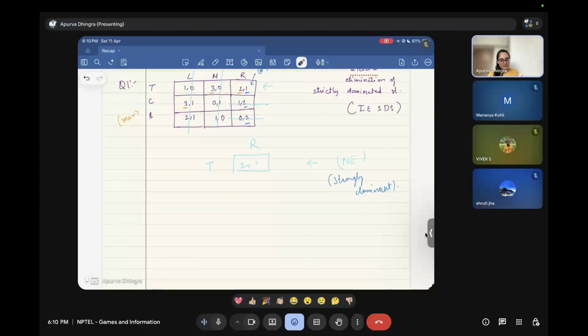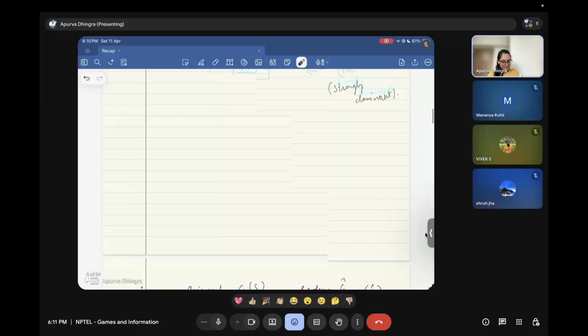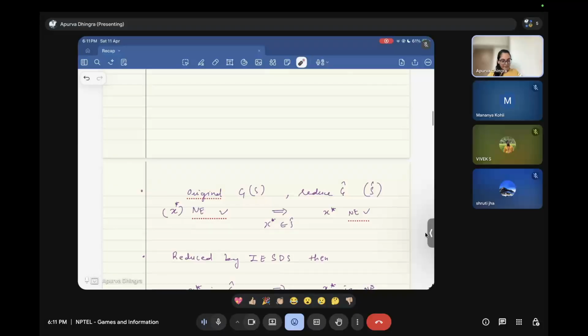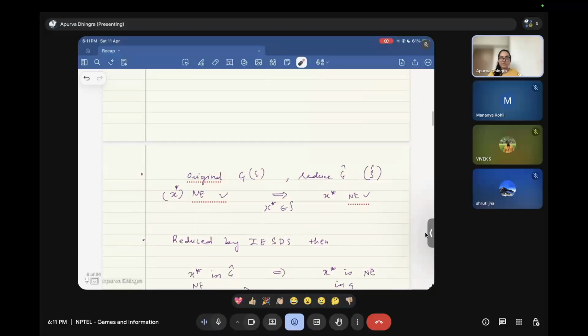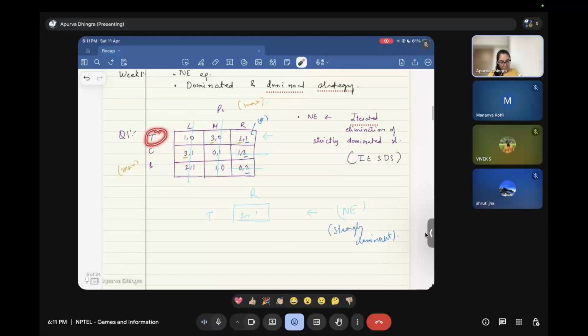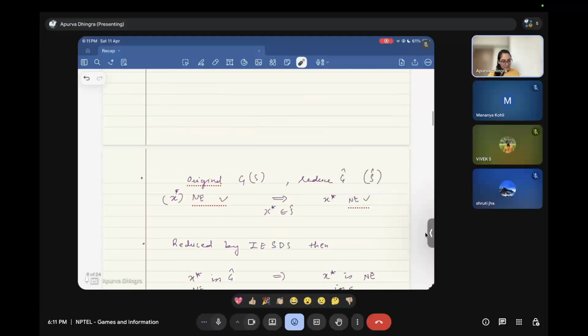Instead of looking at the whole game, we are looking at a part of it. It depends what process is being used, because process is not talked about in this first result. It says that if there is a Nash equilibria in the original game, and if that same strategy profile, for example T comma R, is available even in the reduced game, then this would be a Nash equilibria even in the reduced game.